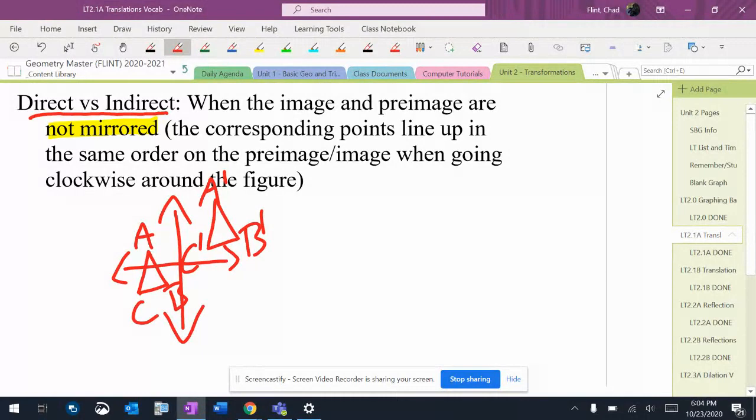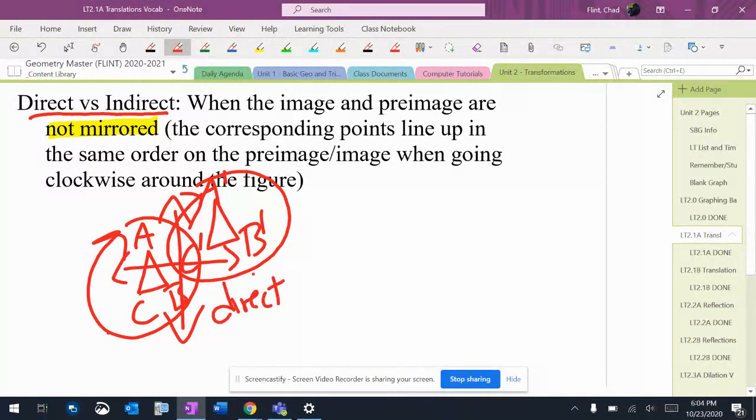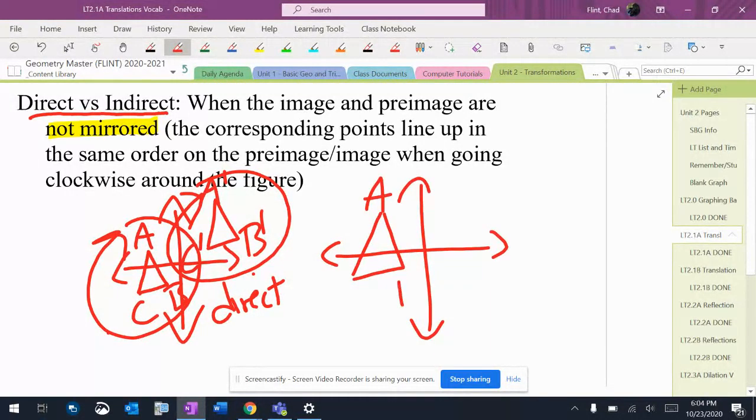The letters need to be in the same order when going clockwise around the figure, meaning if I start at A and I go clockwise, I get A, then B, then C, and then I get A, B, C in the image. That's direct.